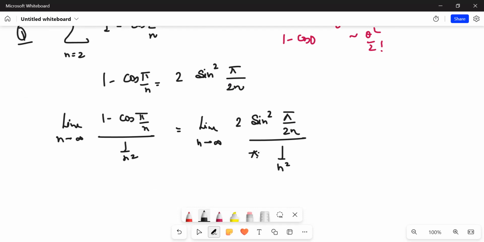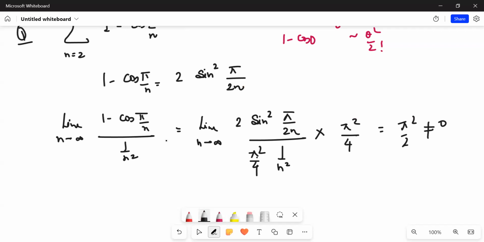And I'll multiply by pi square upon 4, and then I will divide it by pi square upon 4. Okay. Now this limit will come out as pi square upon 2, which is certainly non-zero.